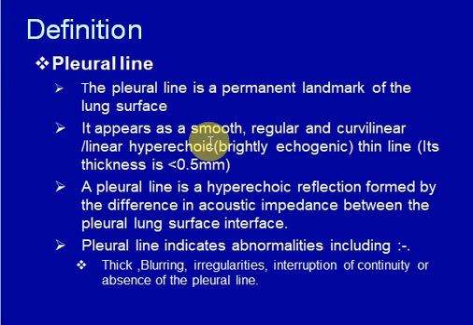The pleural line is a hyperechoic reflection formed by the difference in acoustic impedance at the pleural lung surface interface. Pleural line abnormalities include thickening, flaring, irregularity, interruption of continuity, or absence of the pleural line.